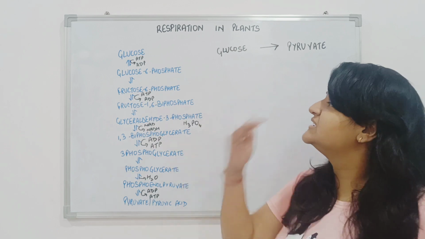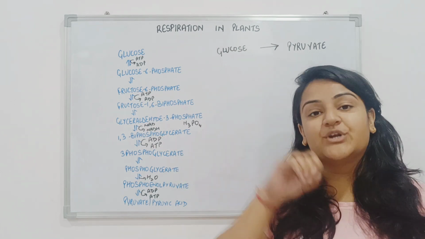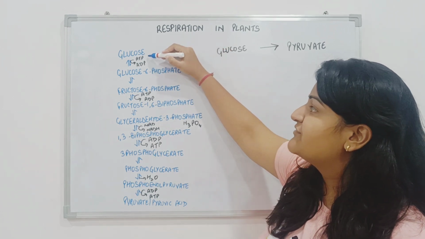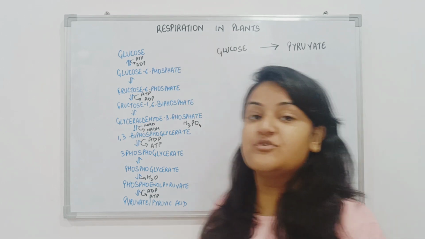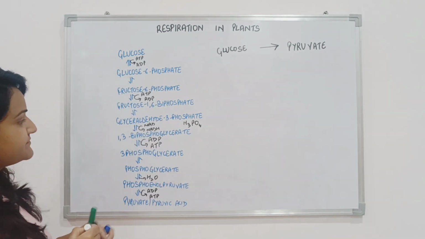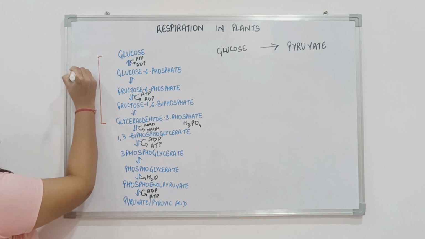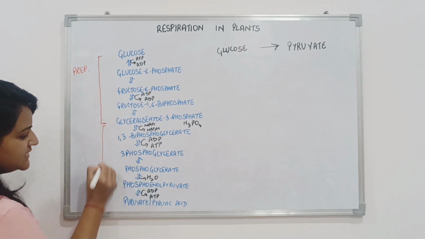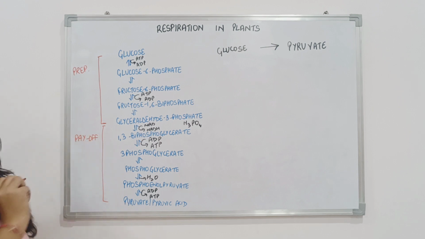Now what are the additional things that have been required in the reaction or that have been produced in the reaction? You see here, ATP is converted to ADP and again ATP is converted to ADP. Now first of all, remember that till this point, this was the preparatory phase, right? And this was the payoff phase, right?